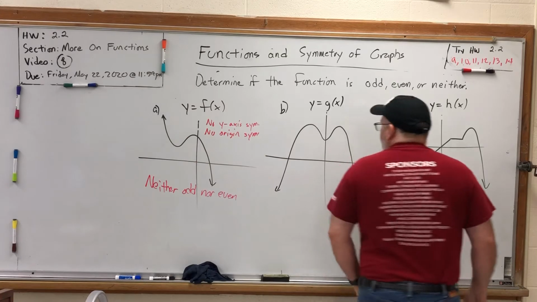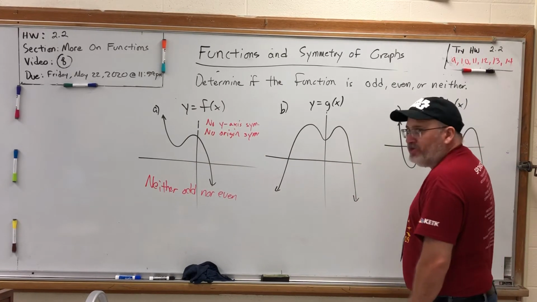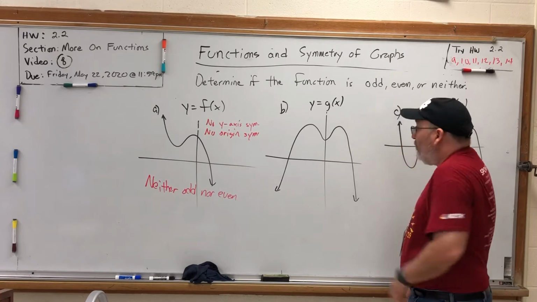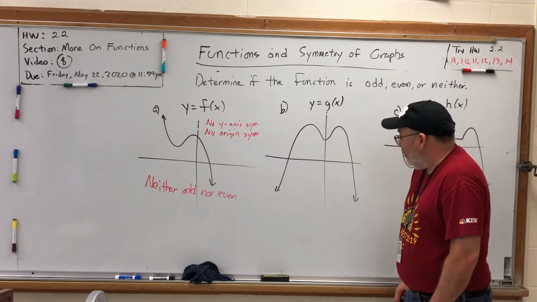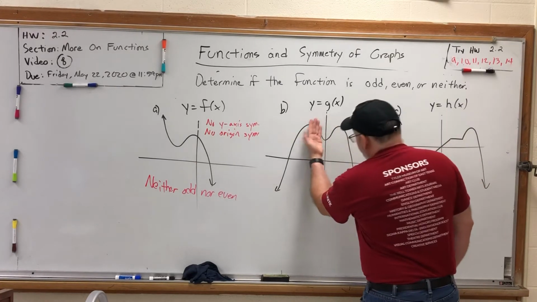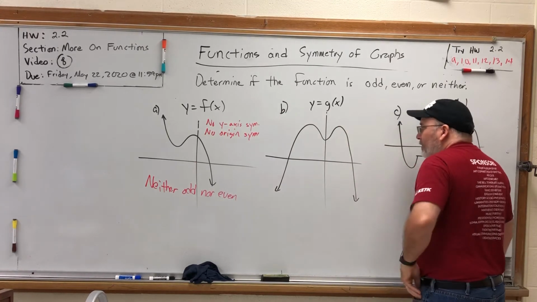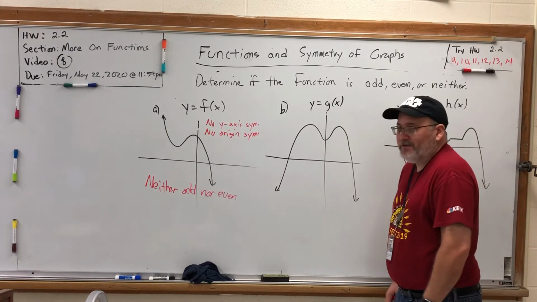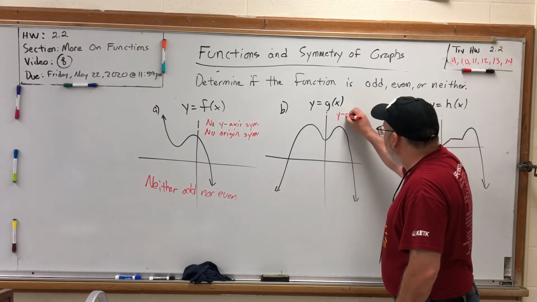Let's take a look at example part B. Y equals g of x, and we have this little M shape. Does this have y-axis symmetry? Well, it's not drawn to scale, but it was supposed to be. The left half was supposed to be a mirror image of the right half. It looks like it needs to be a little bit wider. On your homework, it will be precise, so you won't have to go, I think it is, but this does have y-axis symmetry.